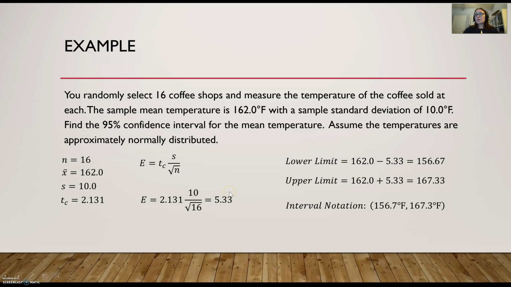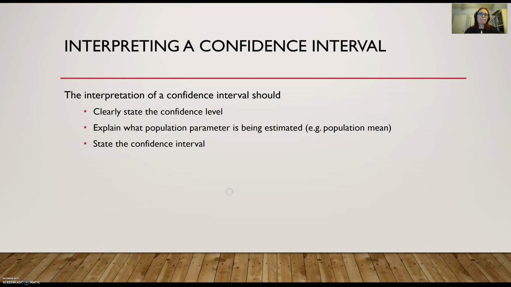Now, we did all this work, but what does it mean? Well, we don't ever want to forget that last final step of this, which is writing out our interpretation of what that interval represents. So when I'm interpreting my confidence interval, there's a few things I always want to make sure are in there. I want to make sure I include the confidence level that I used, explain what that population parameter was. It's the mean.